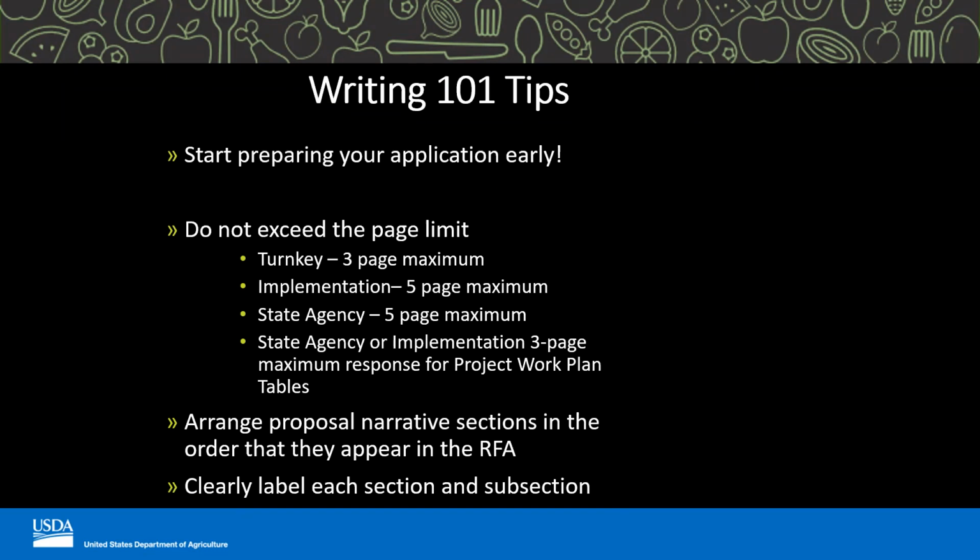Page limits are listed on the slide, but to emphasize a few points, remember that turnkey applications are limited to 3 pages maximum, while state agency and implementation applications are limited to 5 pages for their proposal narrative, plus an additional 3 pages for their project work plan table.